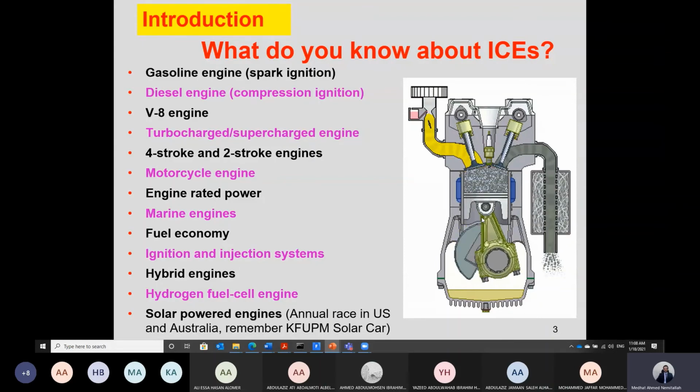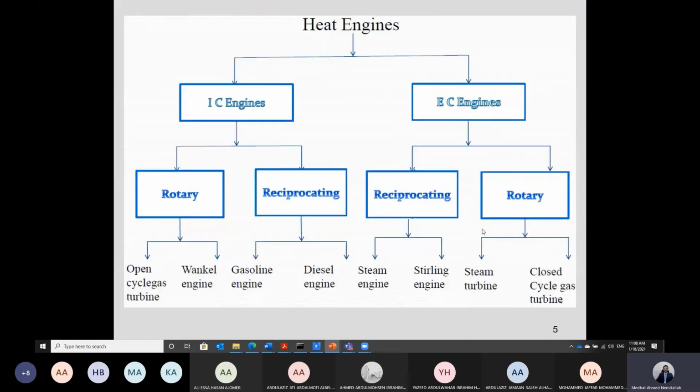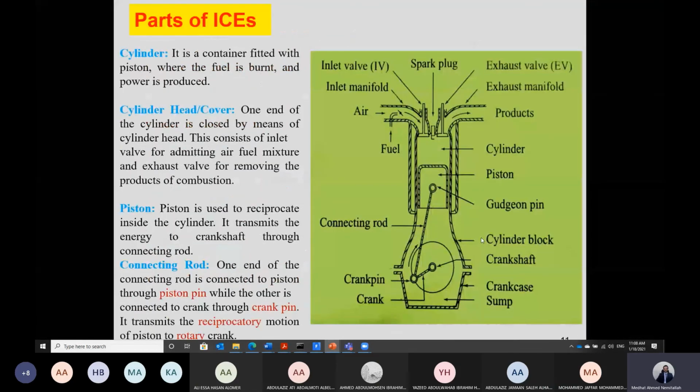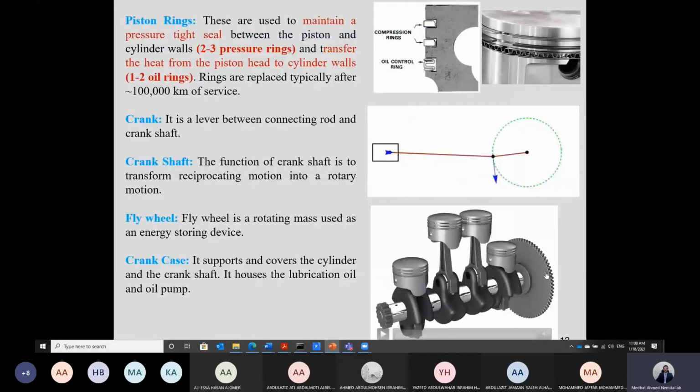So that means every 4 strokes, we have only one power stroke in which the power is transferred from the piston to the crankshaft. But for the other 3 strokes, we need the power to transfer from the crankshaft to the piston, to move the piston, to exhaust the gases and have the intake air. In those other 3 strokes, يا شباب, the power is stored in the flywheel during the power stroke.